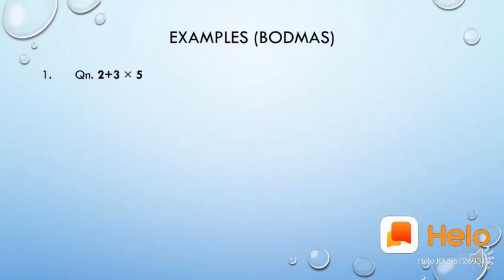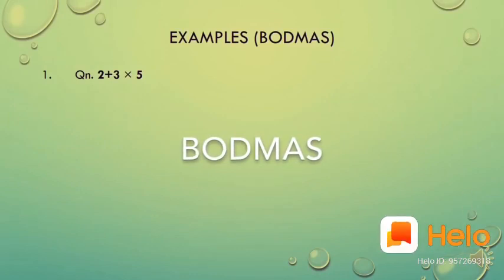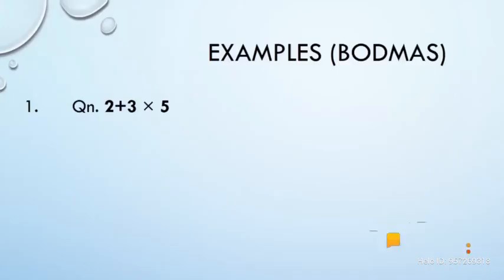You can see in BODMAS, M comes before A, that is, multiplication comes before addition. So multiplication has higher priority than addition. So we have to do the multiplication first. 3 into 5 is 15. Then addition. 15 plus 2 is 17. So the answer will be 17.